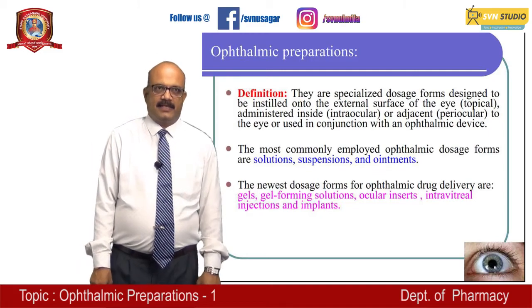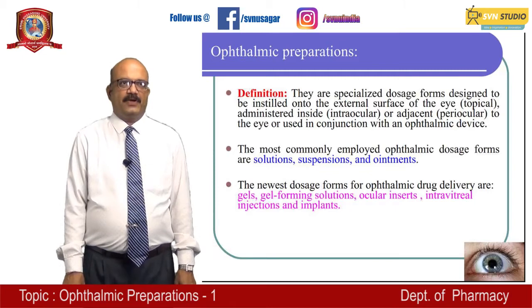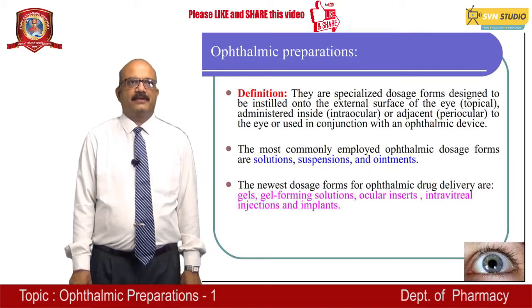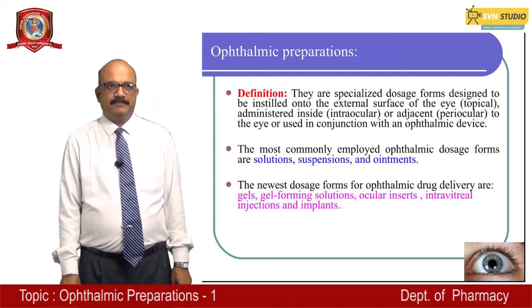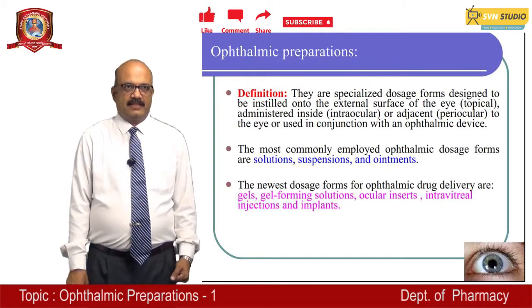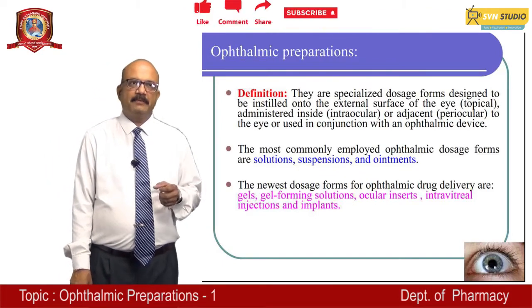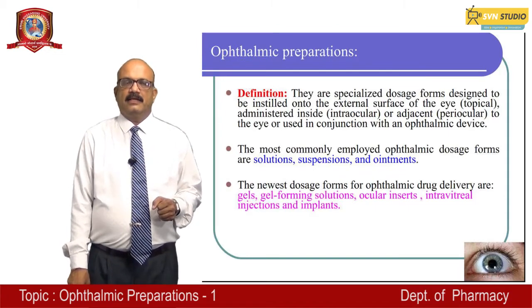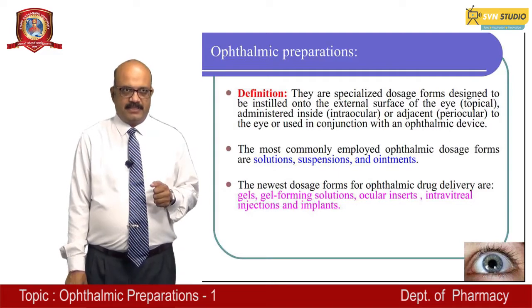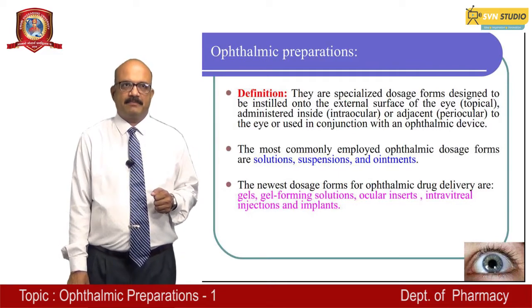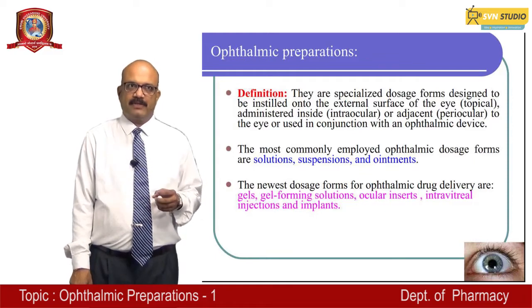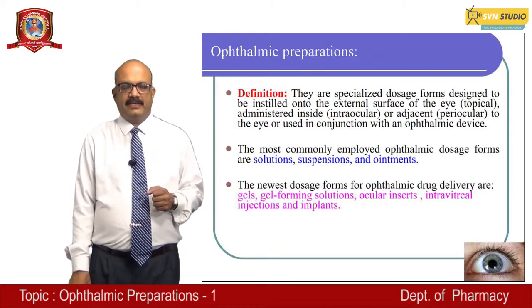When you are preparing ophthalmic products, you have to take a lot of care, because any preparation or medicament which comes into direct contact with any organ of the body should be safe. It should not create problems, and it should be compatible with that particular part of your body.